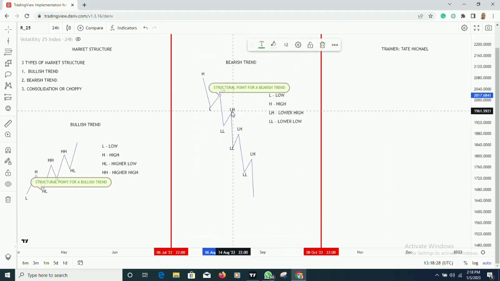So all of these are structural points. I will explain the importance of structural points when I finish on the three of them. So this is how a bearish trend looks. Now the third one is consolidation.